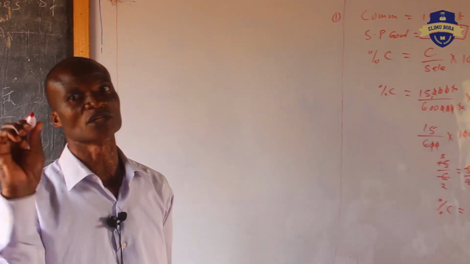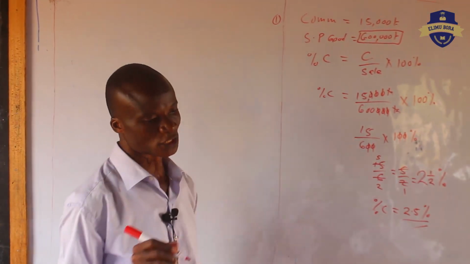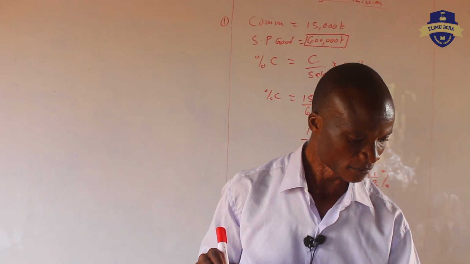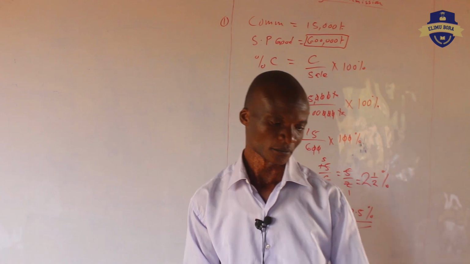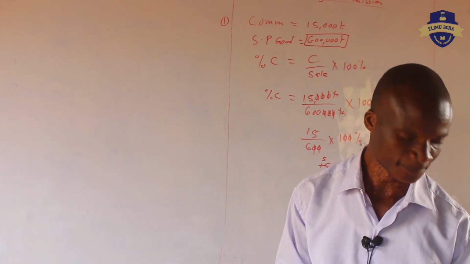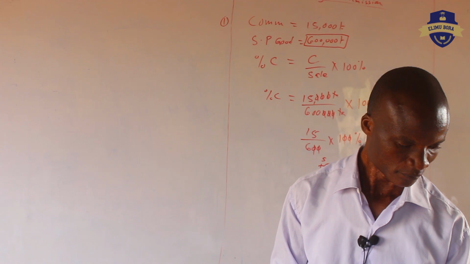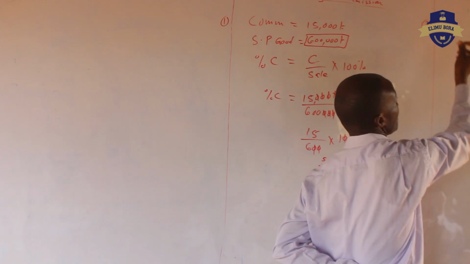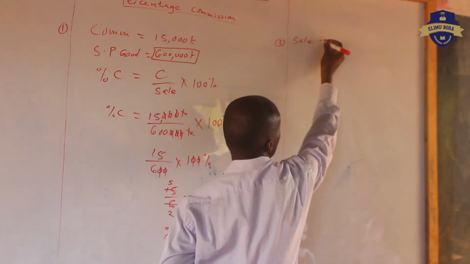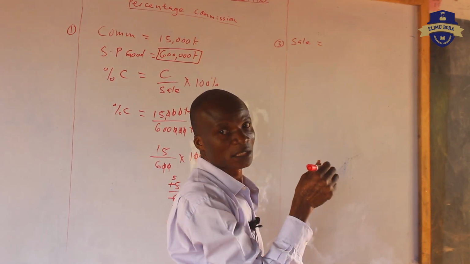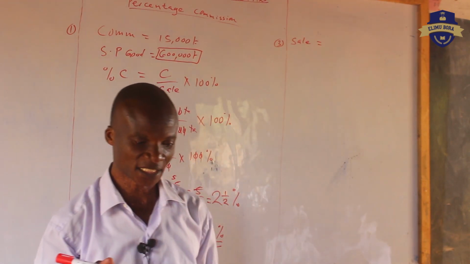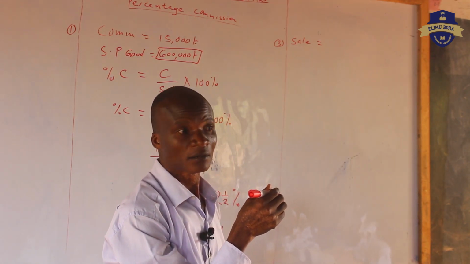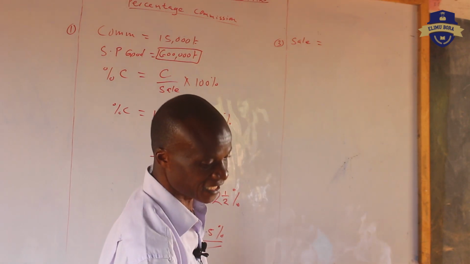That is now when you are working out commission. Let's look at the next question, number 3. Let us read number 3. A person sold a piece of land. On page 86, number 3.